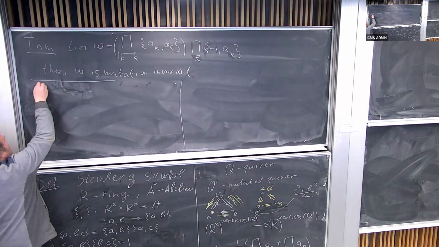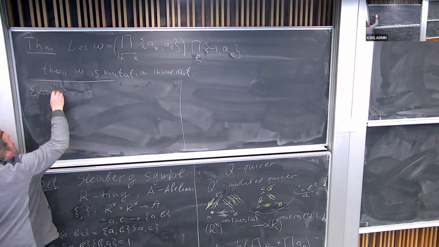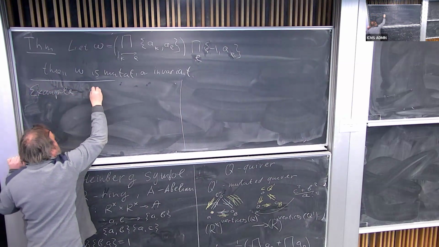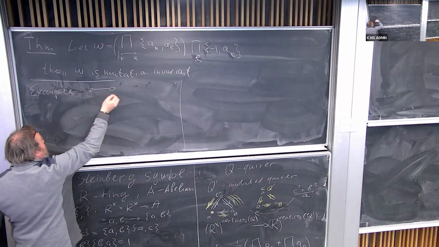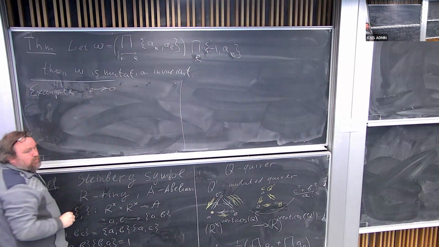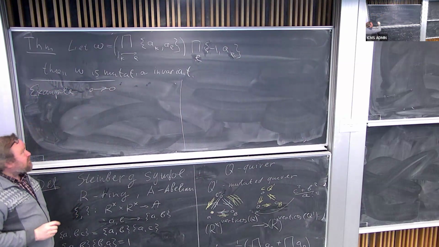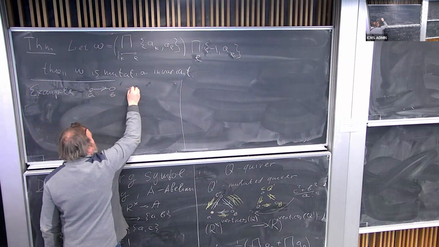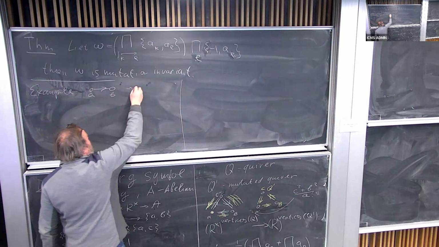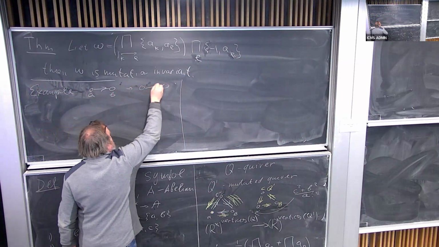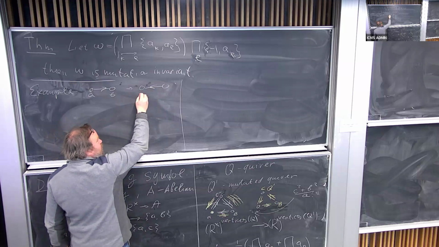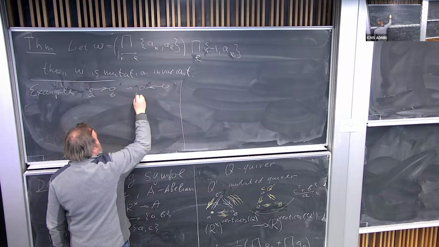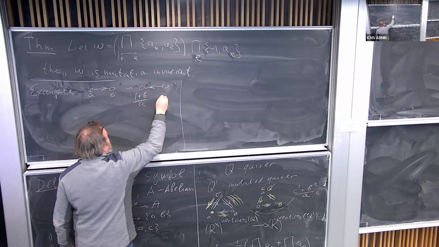So example: let's consider the simplest possible quiver. This is just 1 arrow. So we have A and B, and then you have a mutation in the vertex A, and you get something of this form. So this will be 1 plus B over A and B.